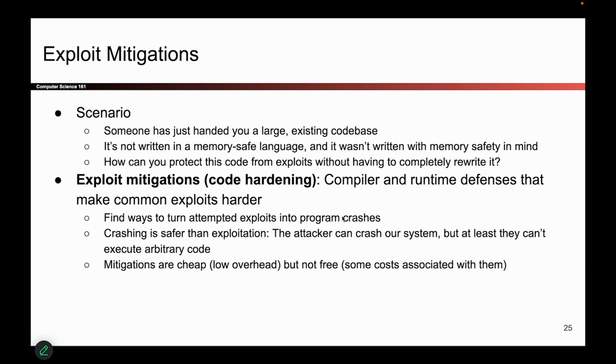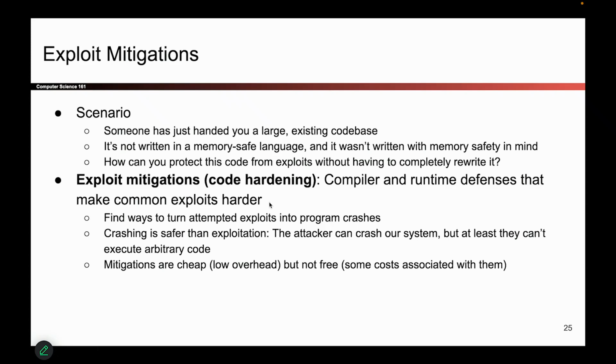So some examples of ways we might do that, instead of allowing the attacker to exploit the program, we might change the way the program runs so that the attempted exploit ends up crashing the program. And in general, what you'll see in this section is crashing is better than letting the attacker exploit the program. And why is that? If the program crashes, that's pretty bad. But if the attacker exploits our program and is able to execute any code that they want, that's even worse.